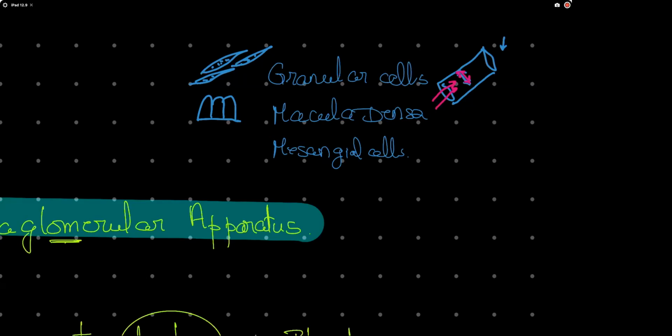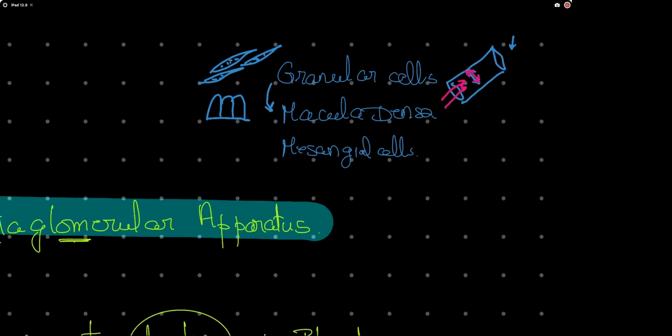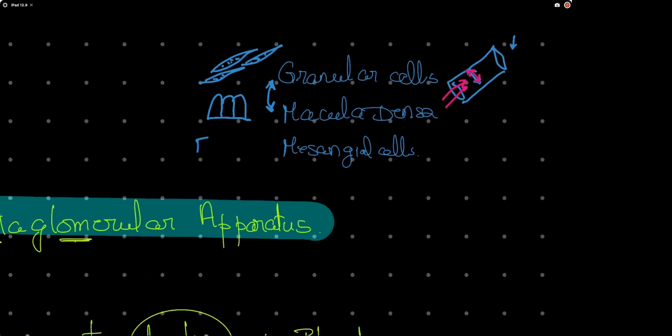And located between the granular cells and the macula densa, we have cells to allow the communication between the two, and those are the extraglomerular mesangial cells.